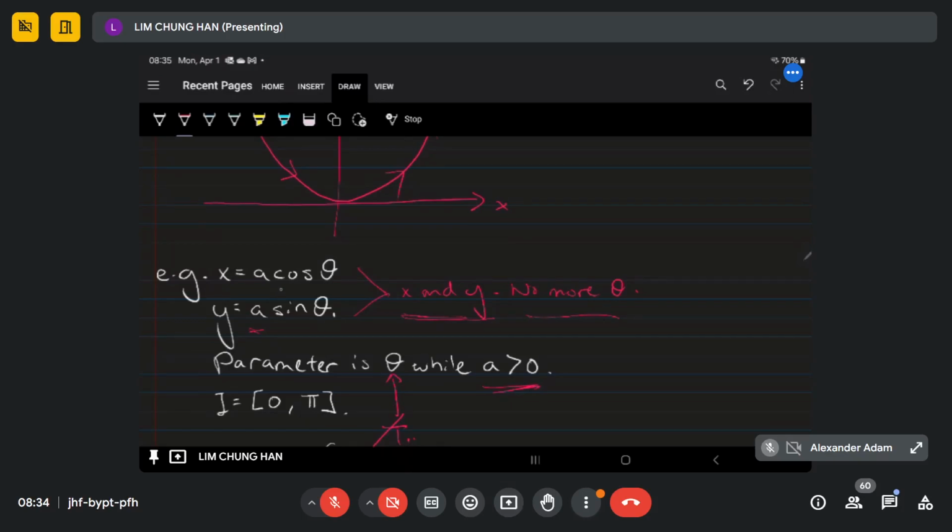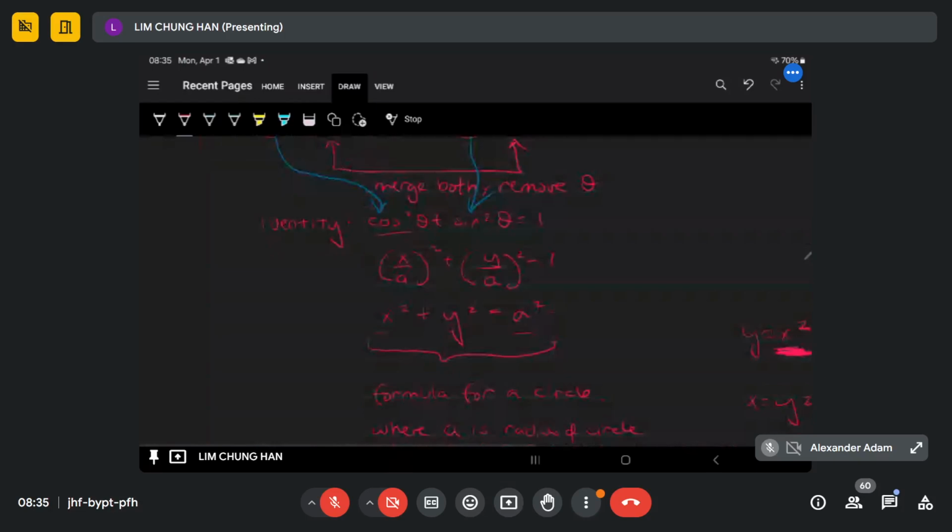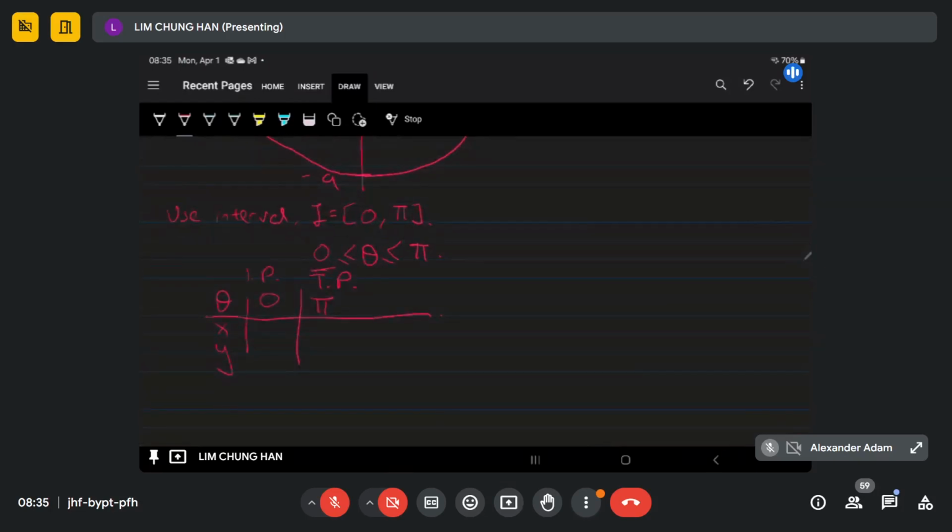Cos 0. Cos 0 is 1. So 1 times a is what? A. Yeah. So x is a.